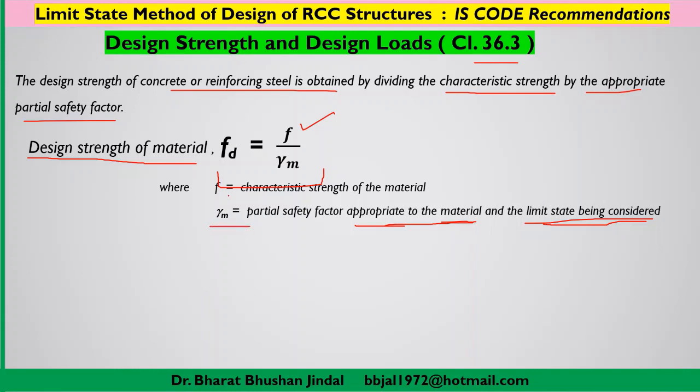So what we are doing here in the design calculation: if the material is, suppose, concrete, then we are taking the design strength of that concrete as lesser than its actual characteristic strength. So we are applying the partial safety factor here. In an earlier lecture, I explained the use of partial safety factor and why we take it.